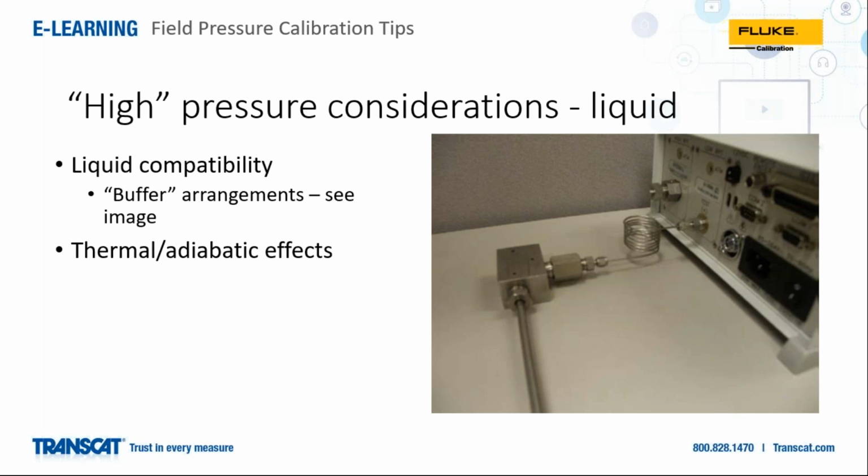Some of these can be mitigated by what I'd call a buffer arrangement. So here's a photo that I grabbed from one of our old application notes on the Fluke Calibration side that shows an external set of tubing whereby one instrument, here the back of this instrument, uses one type of fluid, and then the device under test that's off screen here uses a separate type of fluid.